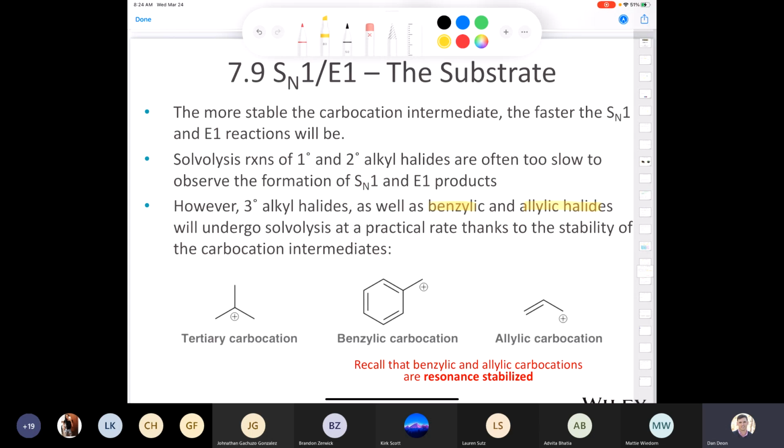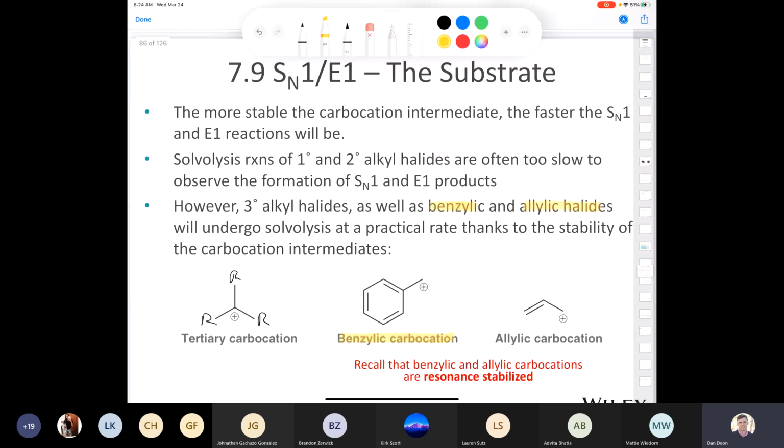Now, what's the difference? This carbocation is stabilized by hyperconjugation. Here, there are 3 alkyl groups around the carbocation, and they stabilize it by hyperconjugation. If you just look at this one here, if I had asked you 2 lectures ago, what kind of carbocation is that? You might say, well, it's primary. It looks like it's primary, and it is primary, but it's benzylic.